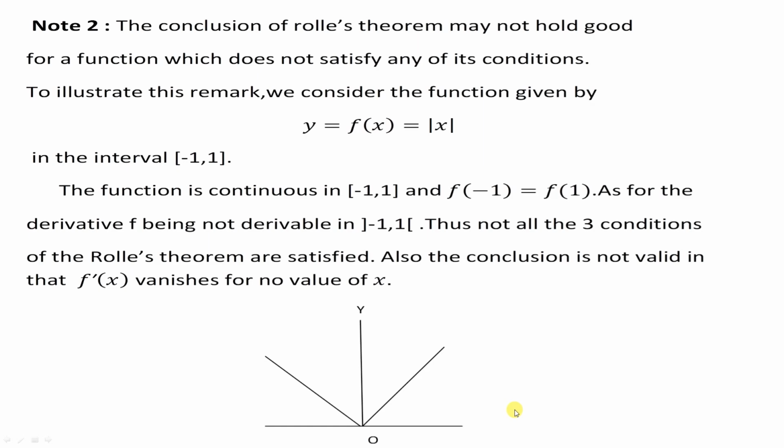Therefore, the function is not differentiable in -1, 1, even though f of -1 is equal to f of 1 here. Out of the 3 conditions of Rolle's theorem, 2 conditions are satisfied, but the derivative does not exist. Hence, Rolle's theorem does not hold good.